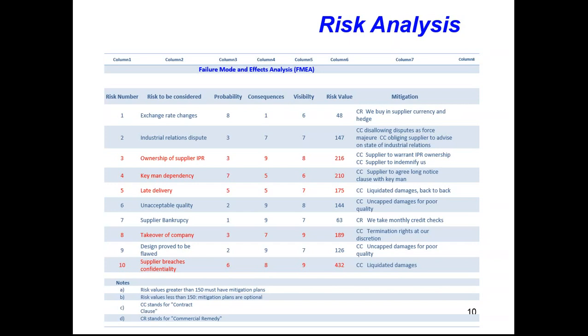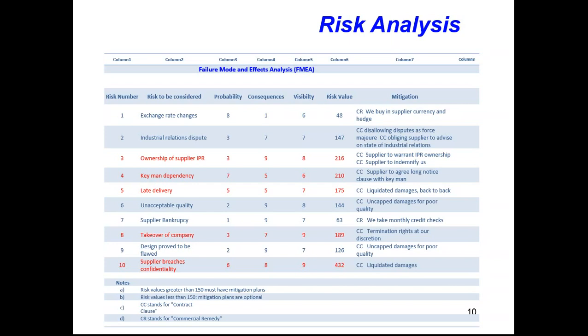When we multiply the 8 by the 1 by 6, we get a low risk value of 48. It's low because if the maximum number on each of these 3 columns is 10, it could be as high as 1,000.